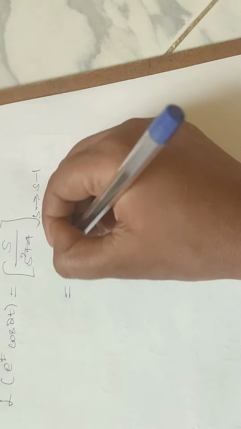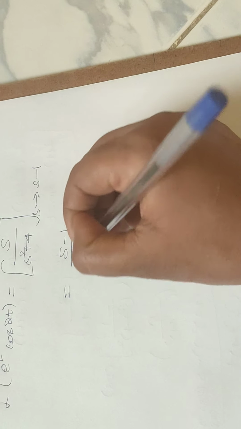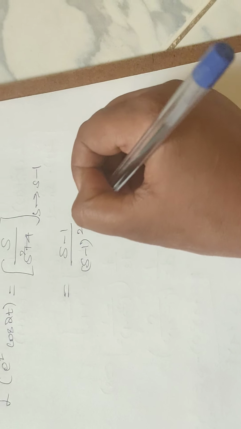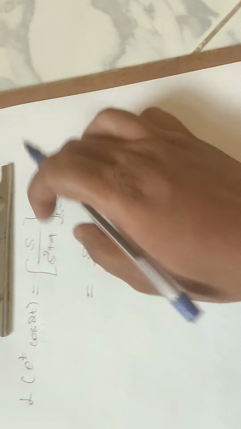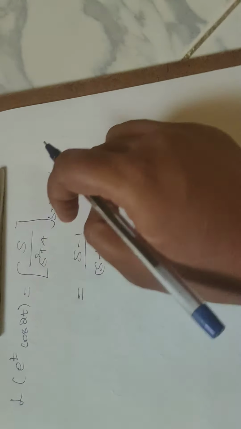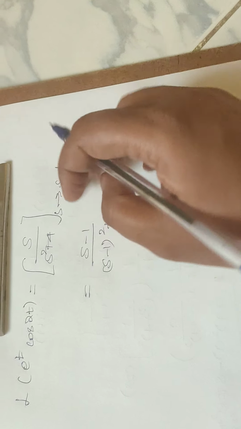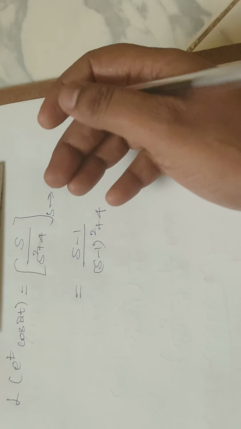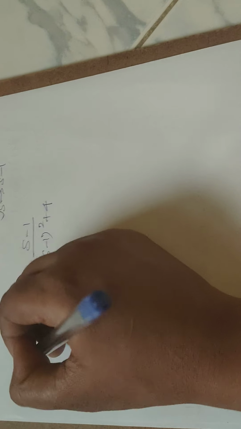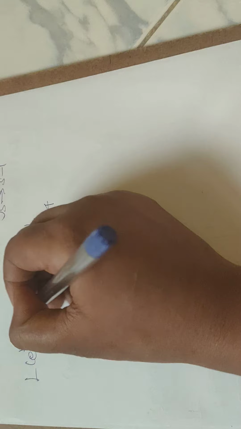So this implies s minus 1 by s minus 1 whole square plus 4. If you don't know how to replace this, go to my previous video on the shifting theorem, then you will get an idea. So L of e power t into cos 2t equals this.